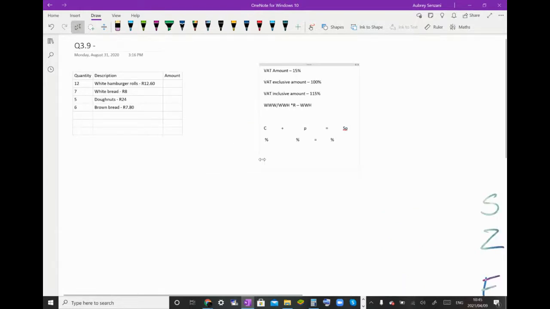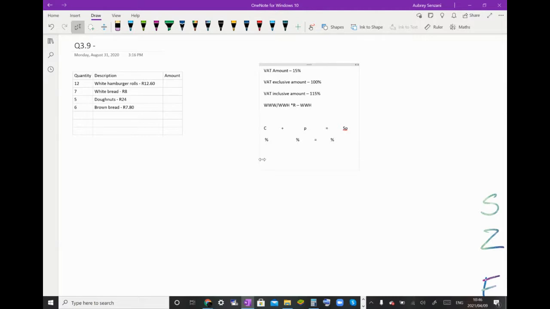At the beginning of 3.9, it's just theory questions, but very good theory questions. They say define the following terms. Cost price: we know it is the price at which we have bought our goods. Selling price is the price at which we are selling our goods. Gross profit is the difference between our selling price and our cost price, and that cost price could also include whatever additional costs we have incurred to get our product ready for sale.